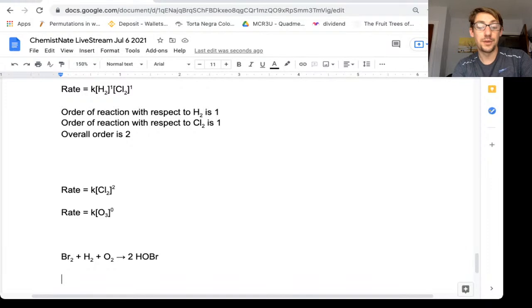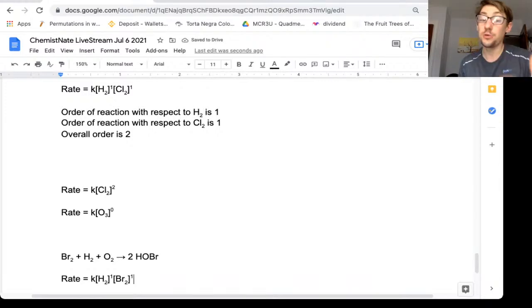Here, the rate is likely to be something that relates to two of these chemicals. Perhaps it's the H2, exponent 1, and Br2, exponent 1. The order of reaction with respect to O2 here is 0 because it's not involved.